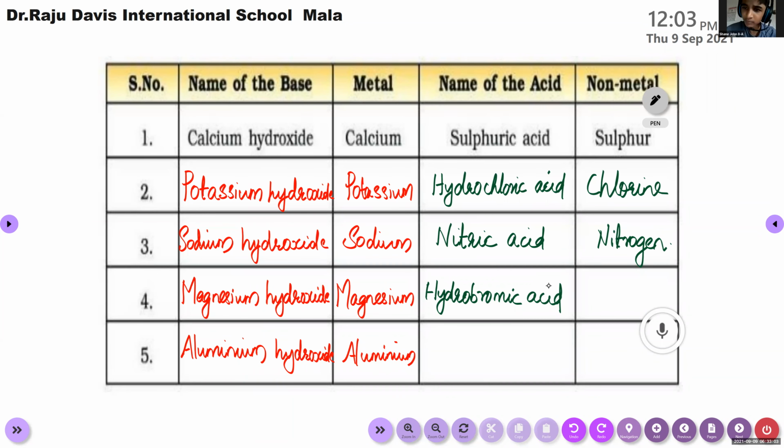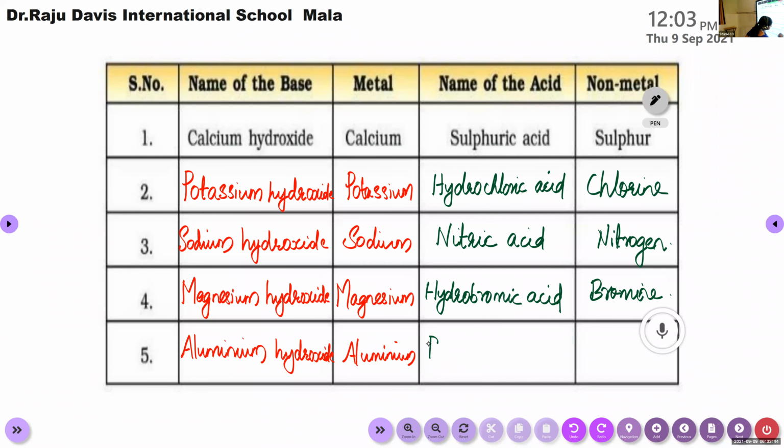Ma'am, is it bromic? Bromic. So which non-metal? Hydrogen. No. Think about the remaining thing. After hydrogen, what was that? It's bromine, okay? Bromine, a non-metal. It's in the liquid form. Bromine is a non-metal that exists in liquid state.